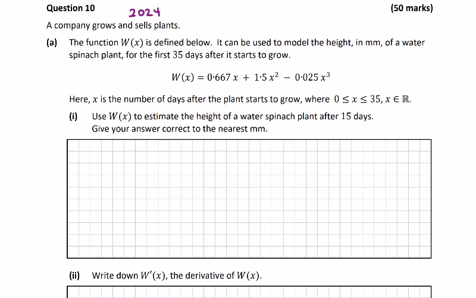In question 10 for 2024, we have a function W(x) is equal to 0.667x plus 1.5x squared minus 0.025x cubed. We're asked to estimate the height after 15 days, so we have a calculator question.